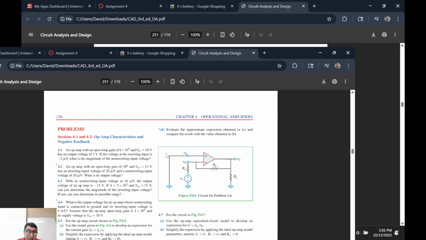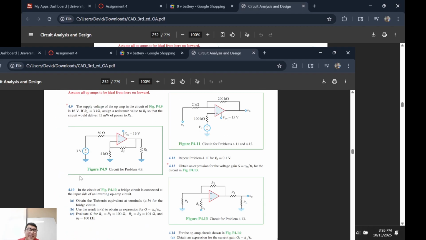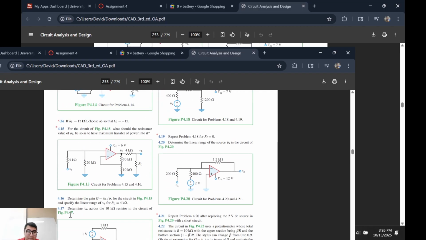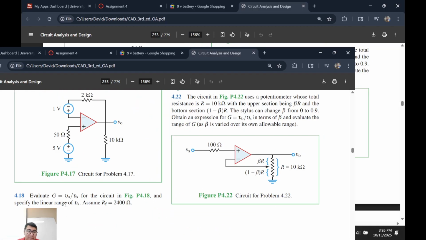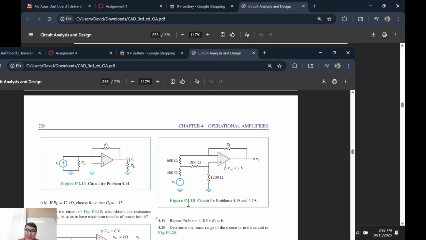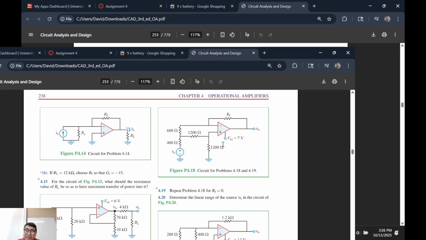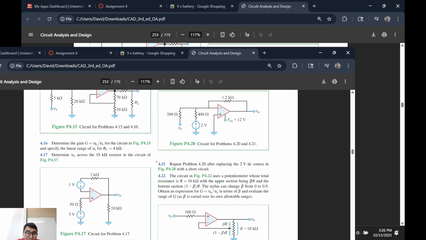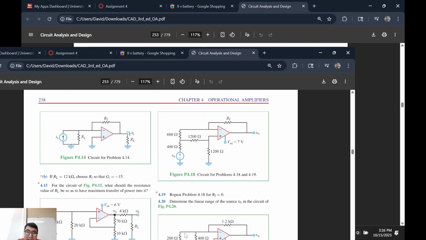Multisim. 4.18. Evaluate the gain for this circuit. And specify the linear range of Vs.